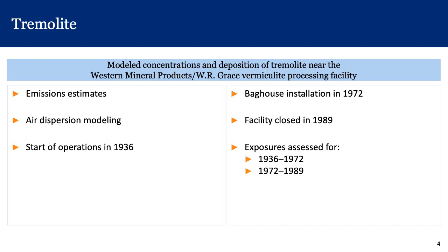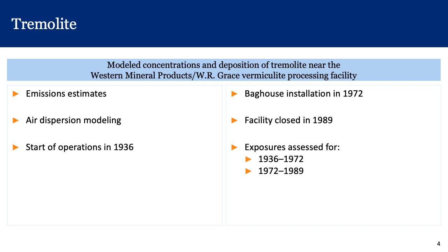And in every location where it's shipped to, they process this ore to produce the popcorn-like final product. One of the places where it was shipped to was Minneapolis, and this is a modeling of the exposure to asbestos to the residents of Minneapolis and St. Paul, because the ore processing facility was right in the middle of Minneapolis, right in the middle of the city.